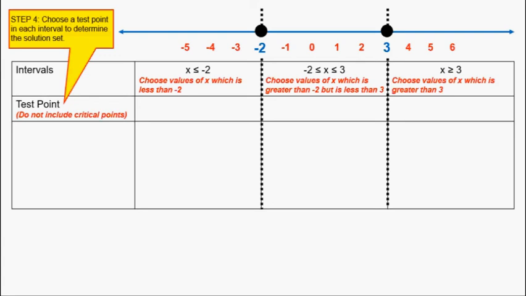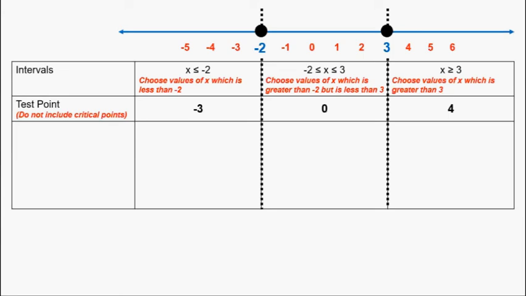Huwag nyo isasama sa pagpili ng test points yung mga critical points ha. Pumili kayo ng ibang number. Okay? So, in this interval, ayan, dito sa interval na to, mga numbers na mas mabababa or equal sa -2, kahit anong number, yan, ayan, basta't mababa. So, dito ang napili natin ay -3.